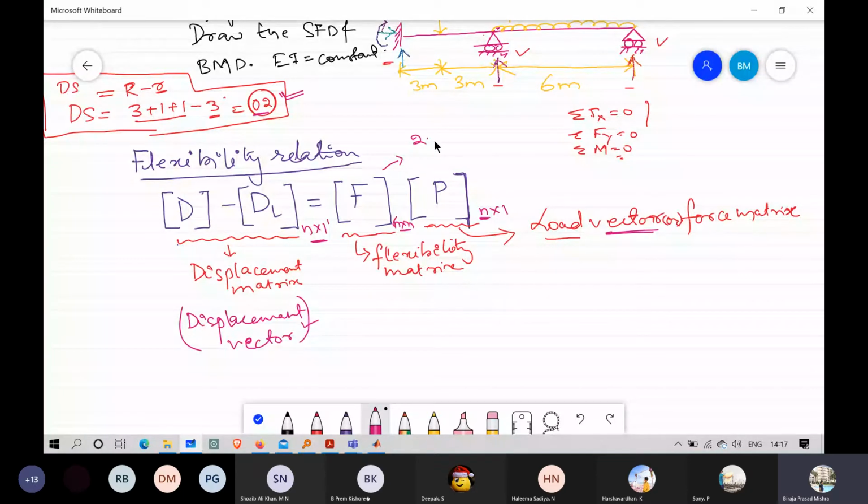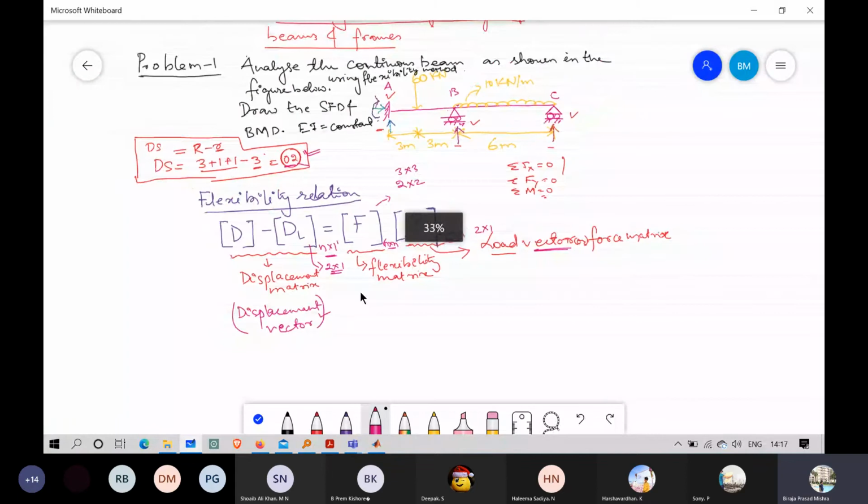Similarly, the size of this one will be 2 cross 1. Do you remember matrices from mathematics? Yes, sir. Similarly, the size of d_L will again be 2 cross 1. So without wasting any further time, let's go to step 1.